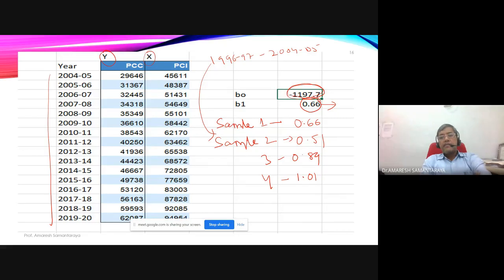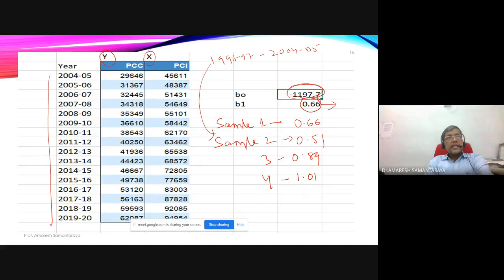When you get different estimates for b1 depending on the specific sample you have chosen, how do you draw a conclusion for the general value of beta 1? See, the beta 1 value is valid for the population as a whole.